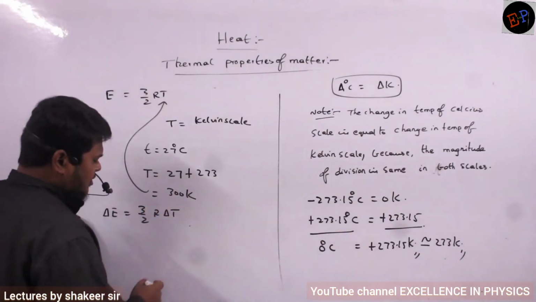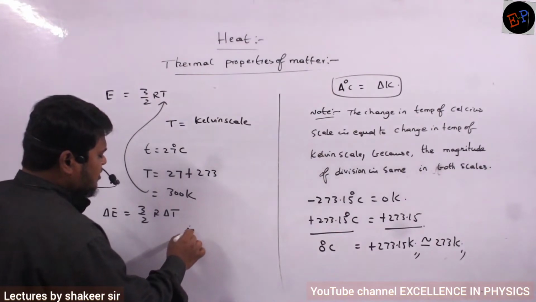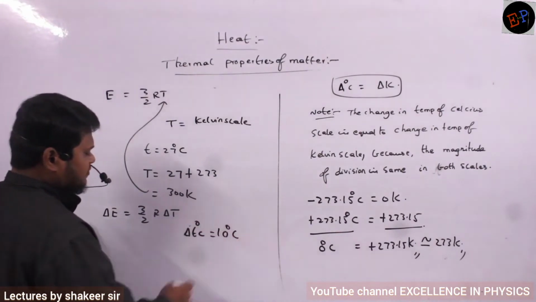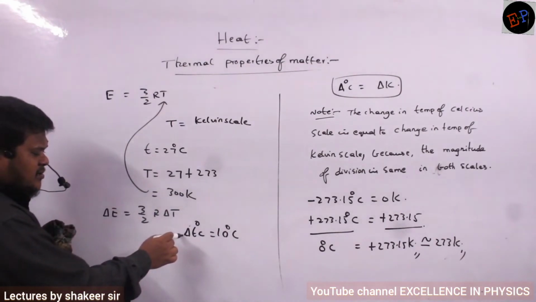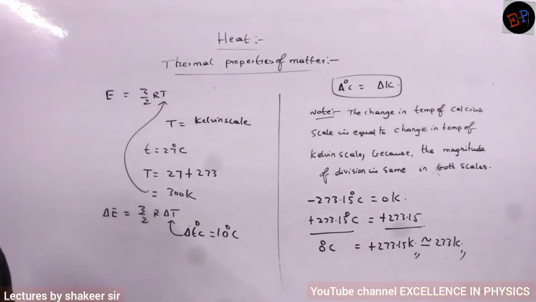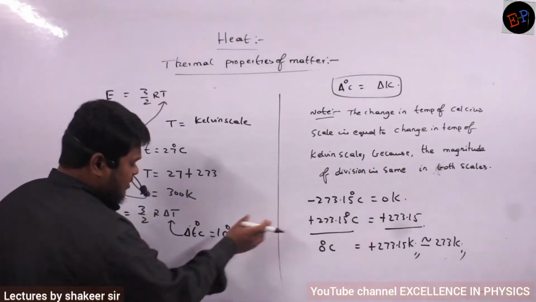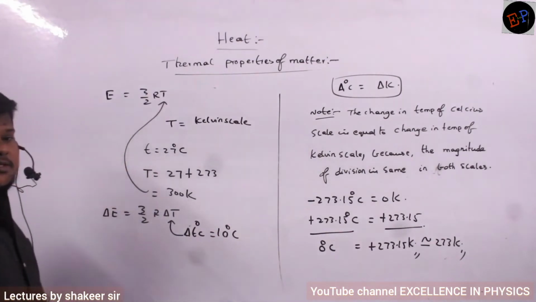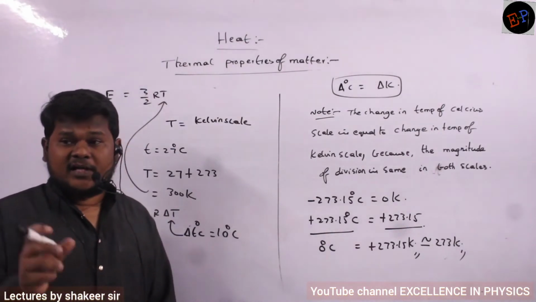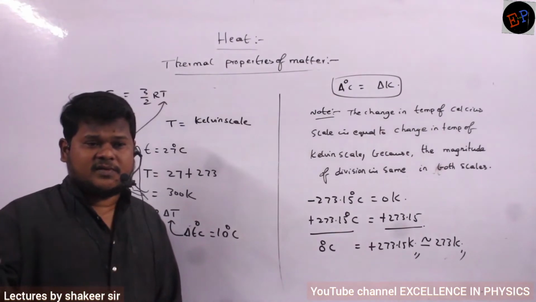So in the data he gave that the change in temperature in Celsius scale is 10 degrees Celsius. Now can I write this directly here? This one I can write directly. Why? That's what we have studied now. Changes are same. Change in Celsius and change in Kelvin are same. Why? Because the length of each division is same in Celsius as well as Kelvin.